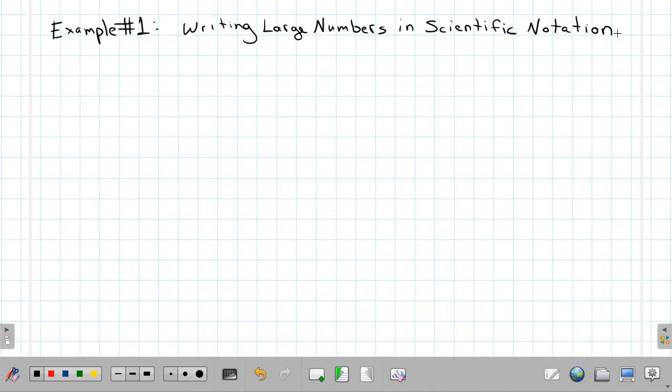Okay, so in this case, it is technically kind of a word problem, all right? So they're going to give you some extra information here, but what you really need to focus on is the number that they bring up, okay? Because all we're going to be doing is looking at the number that they mention here, and we're going to be asked to write this number in scientific notation.